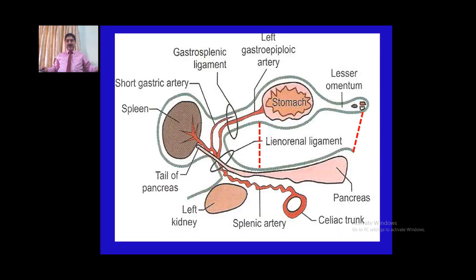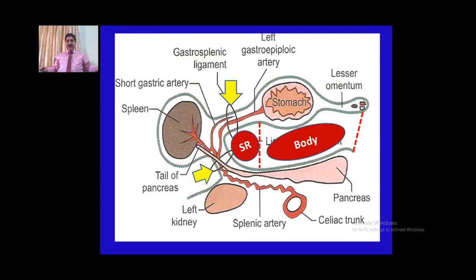As shown in this diagram, the body of this lesser sac has an anterior wall which is formed by the lesser omentum and posterior surface of the stomach, and it has a posterior wall which is formed by the peritoneum lining the stomach bed. Then the splenic recess lies between the gastrosplenic ligament and lienorenal ligaments.